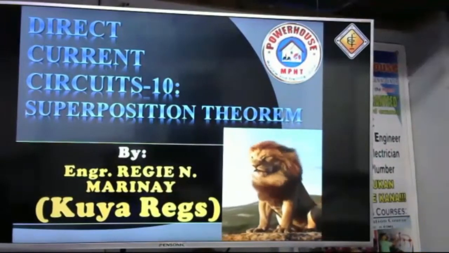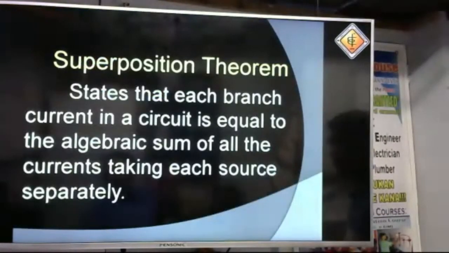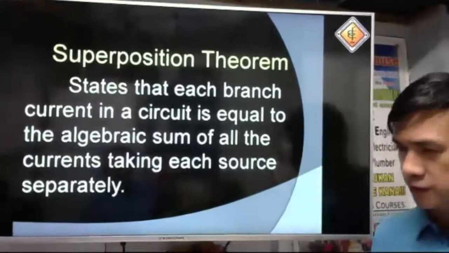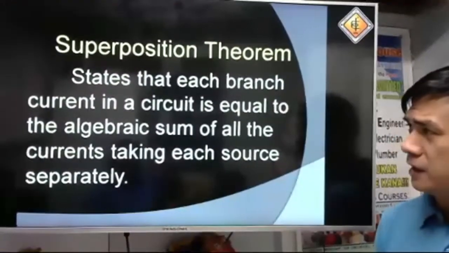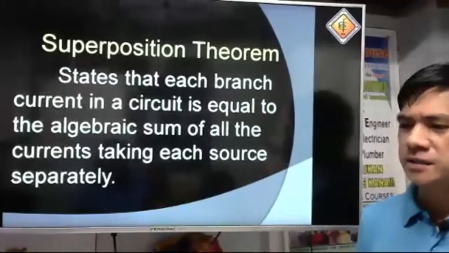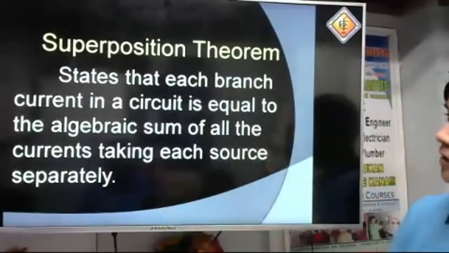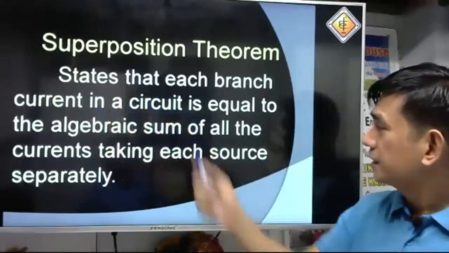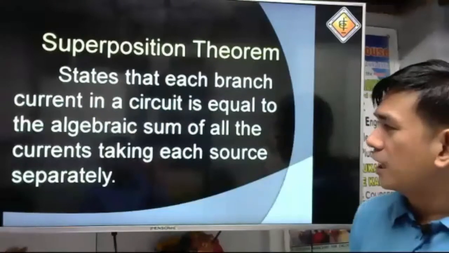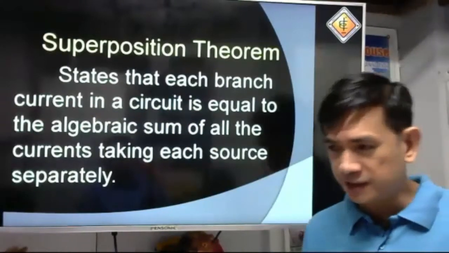Let us first state the superposition theorem. I already translated it in a simple way, but the essence is still the same. The superposition theorem states that each branch current in a circuit is equal to the algebraic sum of all the currents taking each source separately.